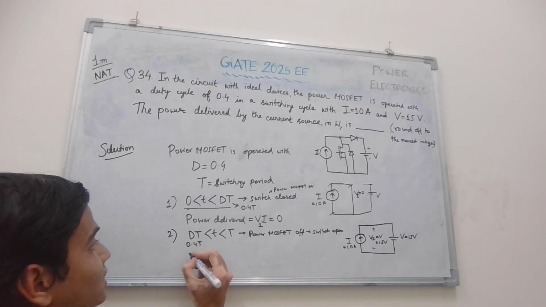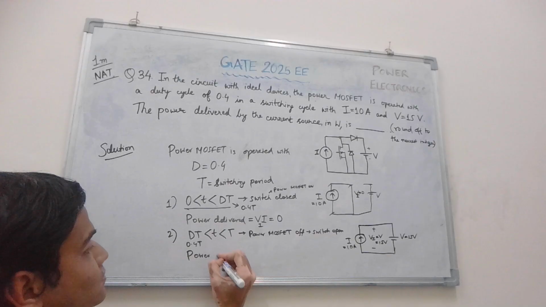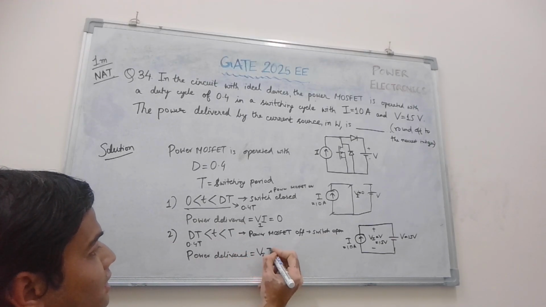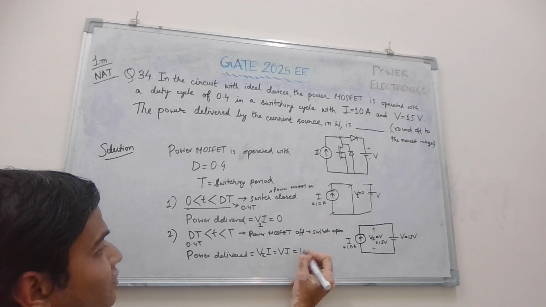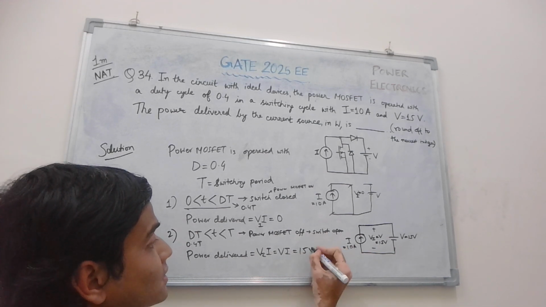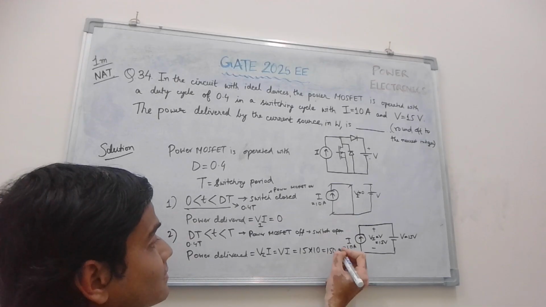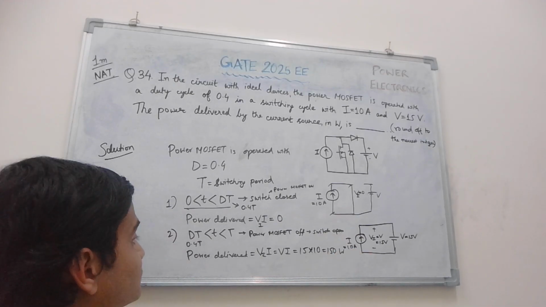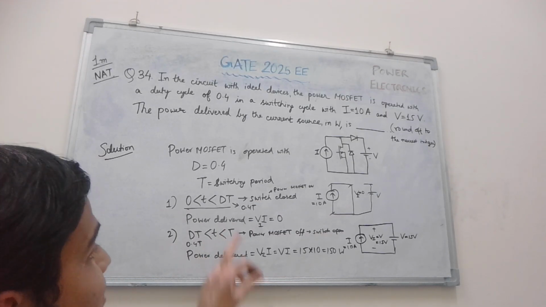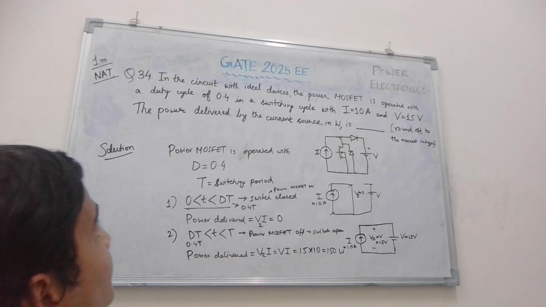The power delivered during this time will be V into I, that is 15 into 10, which is 150 watts. But this occurs only for the time interval between 0.4T and T. For the remaining time, the power delivered will be 0.